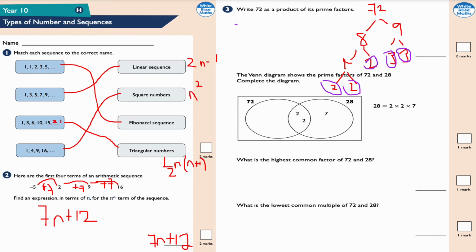So it's going to be 2 times 2 times 2 times 3 times 3. 2 times 2 times 2 is 2 cubed, times 3 squared, so it's 2 to the power of 3 times 3 squared.